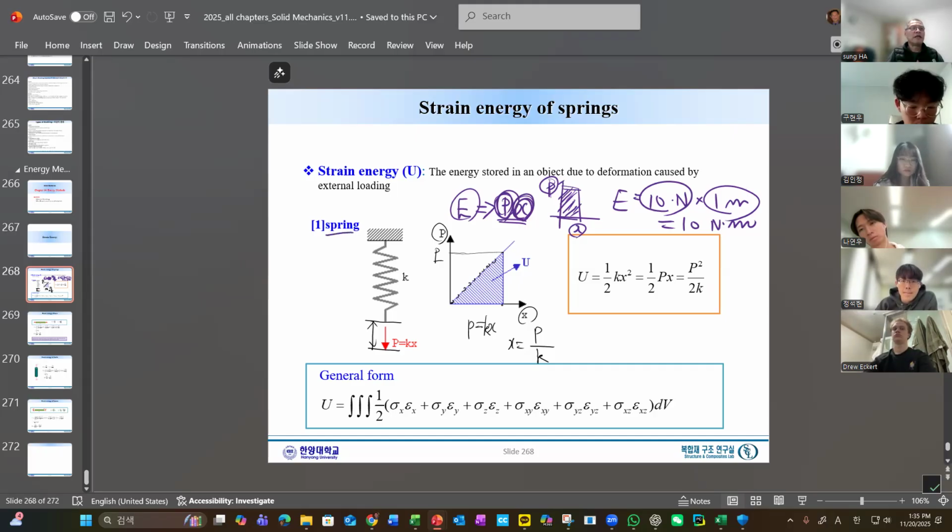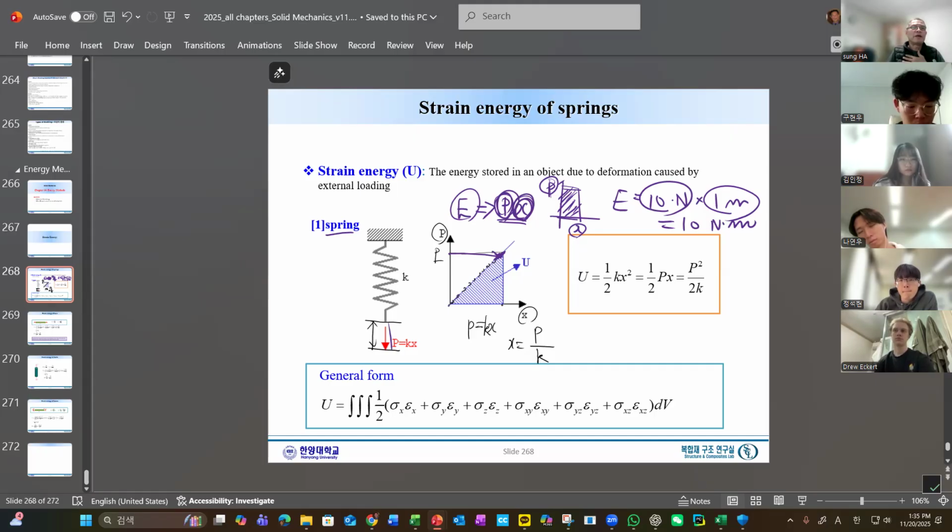As I said, when we say the P, P cannot be constant to reach that point. That's the important part. Why? Because to reach this P, we had to apply from zero and start here.